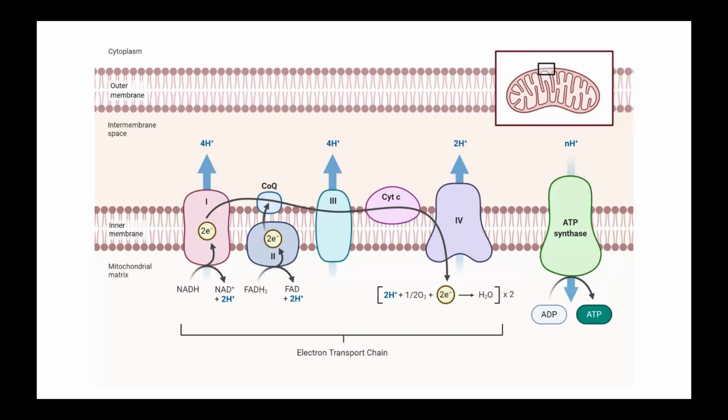The electrons flow into oxygen gas, which accepts the electrons, combining with hydrogen ions to form water. Now, the ATP synthase utilizes the proton motive force in order to phosphorylate ADP into ATP.